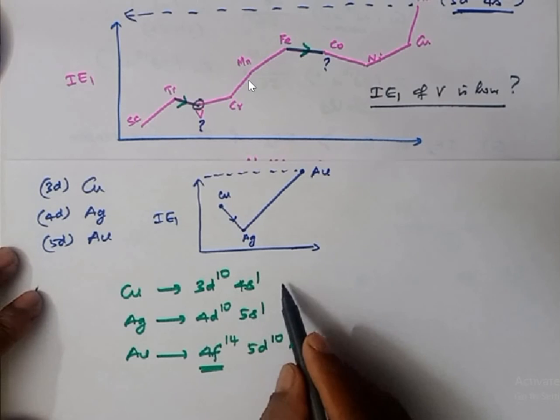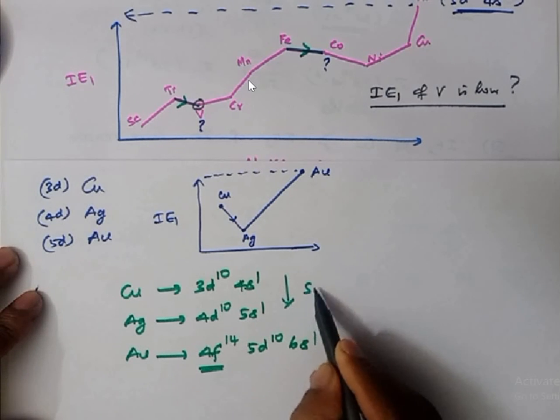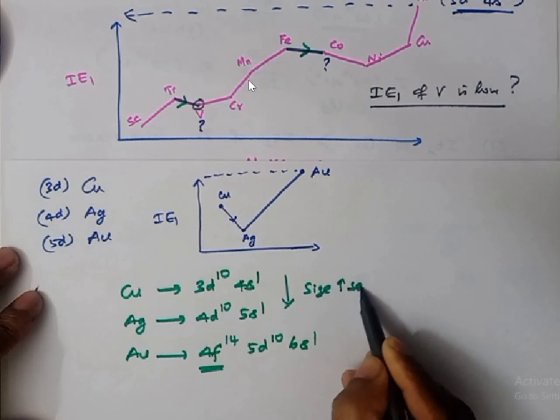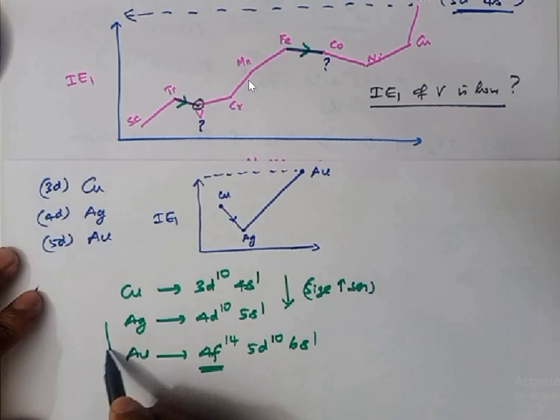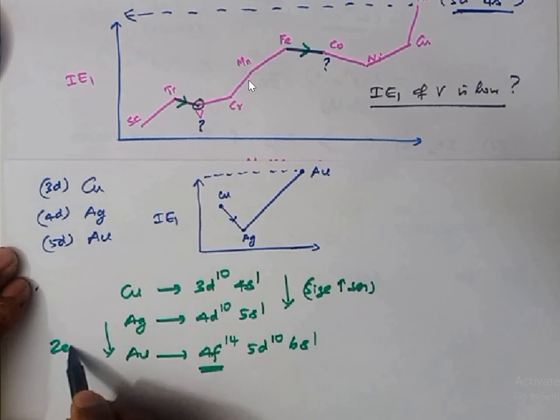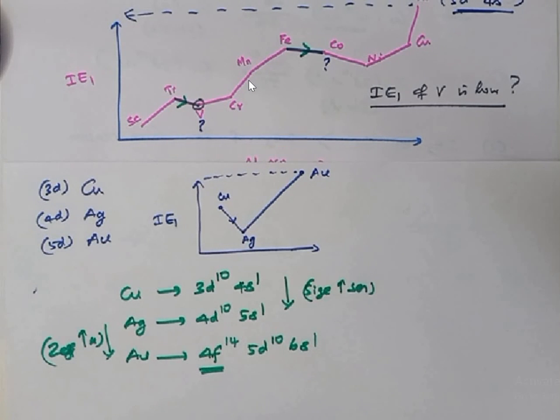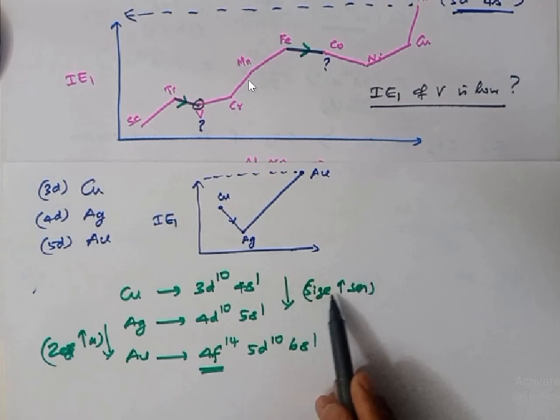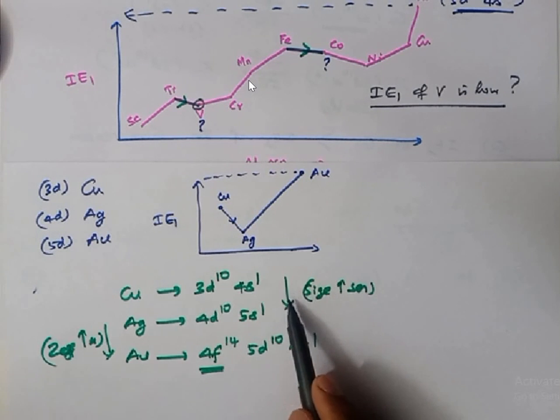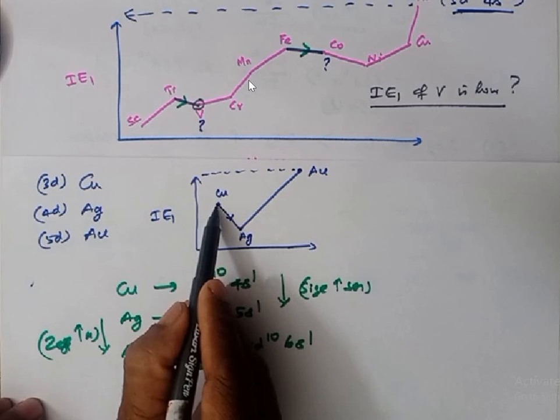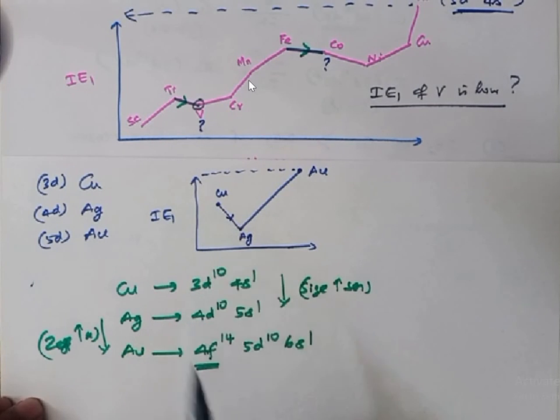So from copper to silver, size increases. From silver to gold, effective nuclear charge increases. Students, observe this carefully. If size increases, ionization energy will decrease. That's why from copper to silver, ionization energy decreases.